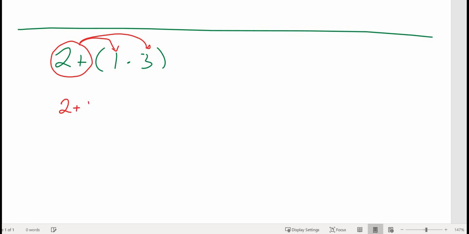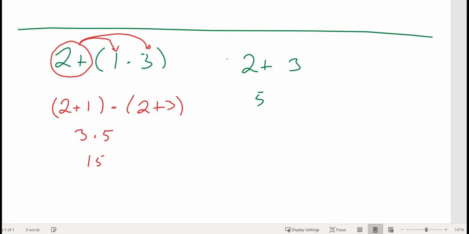So that would be 2 plus 1 times 2 plus 3. But that would be then 3 times 5, which would be 15. But if you follow your order of operations and do what's in the parentheses first, that's 2 plus 3, which would just be 5. And you see that there's a big difference.